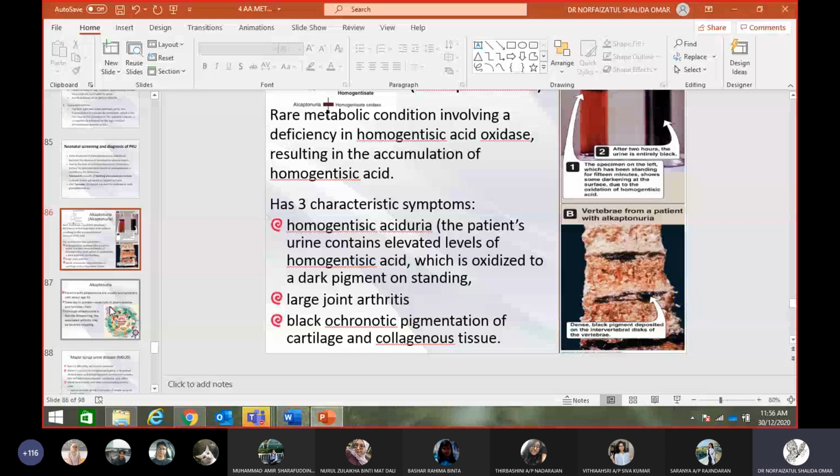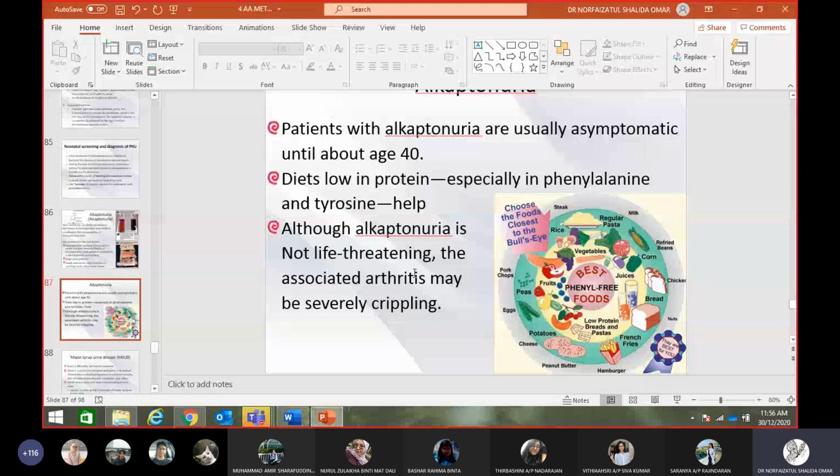Usually the treatment is basically to limit to a certain amino acid diet. So diets low in protein, especially in phenylalanine and also tyrosine.